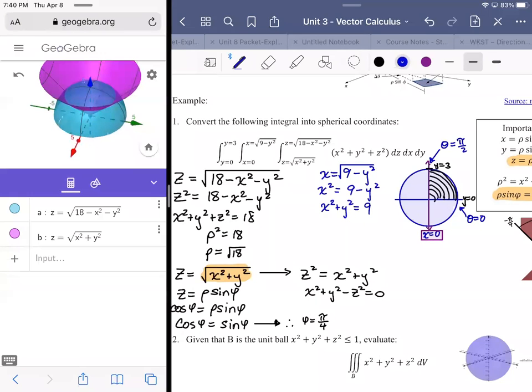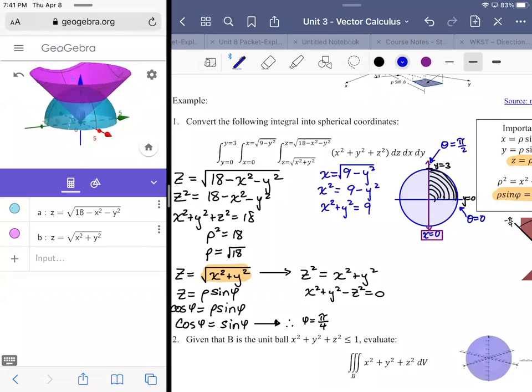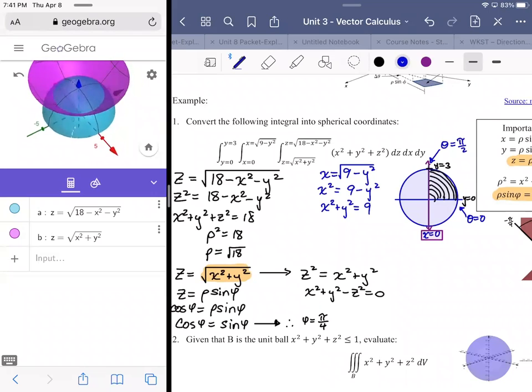Extending upward in that triangular fashion along the XZ plane and the YZ plane, we're still going to have the smallest possible value of rho being 0, because the point of that cone is right at the origin.